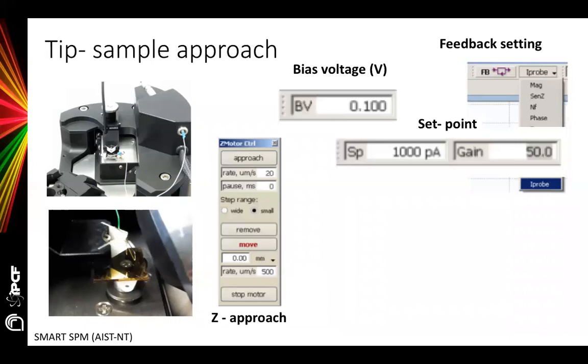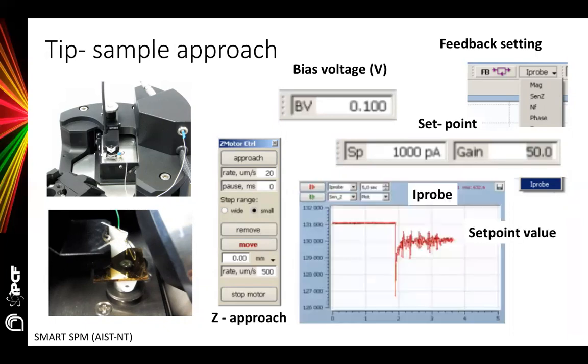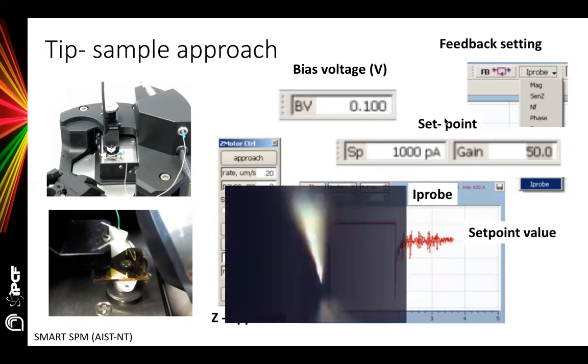So now we can start to carefully approach the sample and the tip, monitoring the tunneling current. When the tip is in contact, you can see that the current value that we can see on an oscilloscope is the one that we have set as our set point.